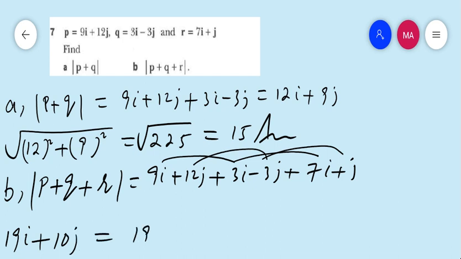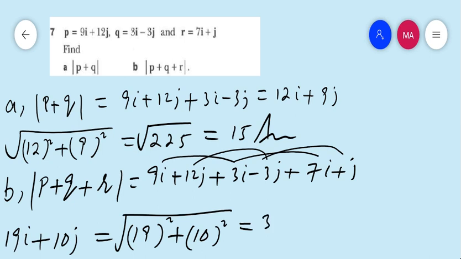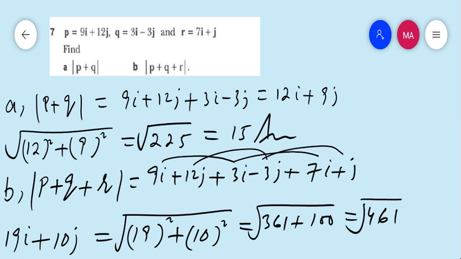Therefore, the magnitude is 19 square plus 10 square. Nineteen square is 361. 10 square is 100. 100 plus 361 is 461. And square root of 461 is not a whole number, so leave this answer in square root form.